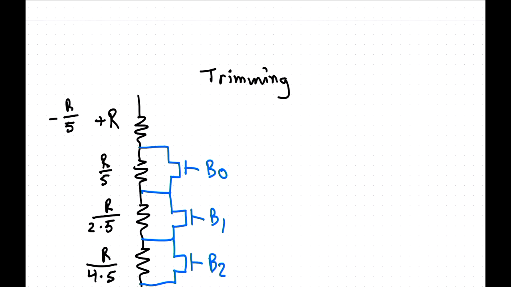For the trimming, typically what you are after is kind of a set-and-forget type of value. So you don't normally change these values.